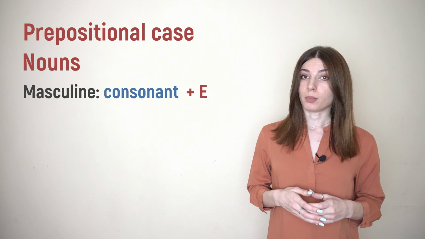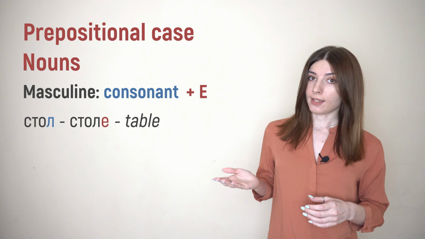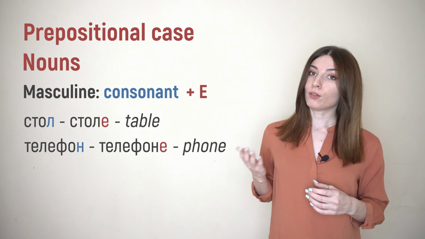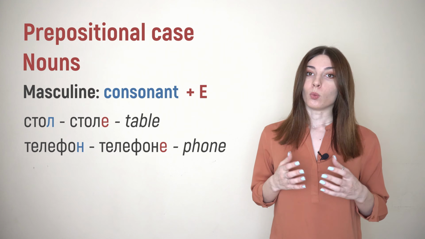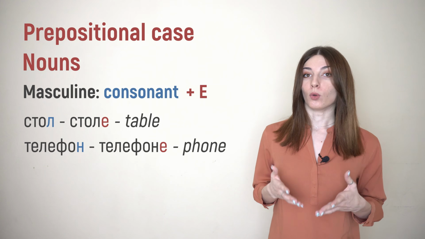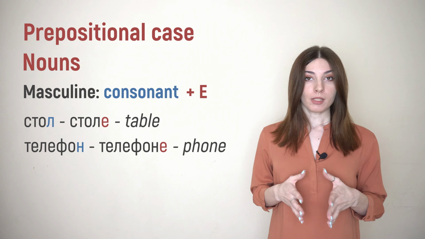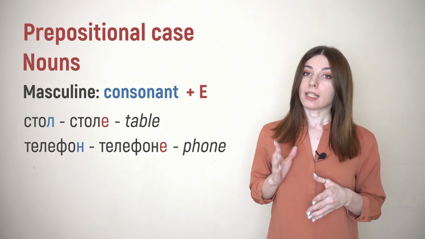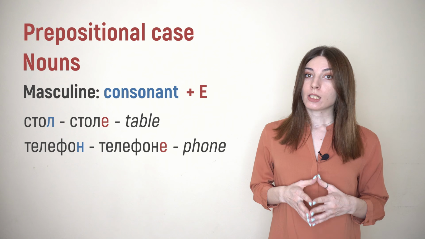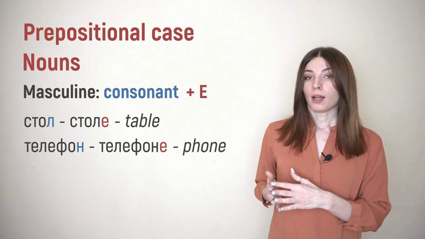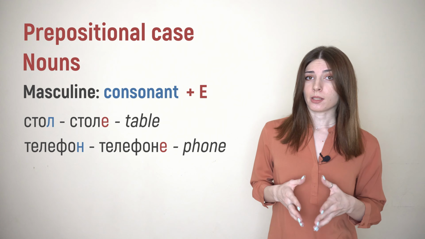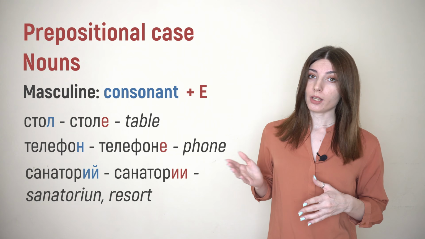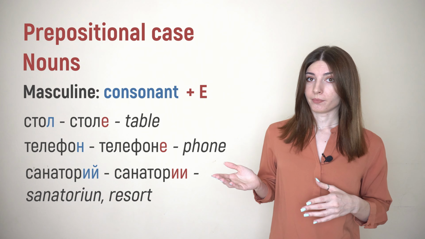Like this: стол – столе, телефон – телефоне. As you can see, we just add one more letter. Sometimes, if a masculine word ends in «й», we will replace it with double «и», but the sound will be very similar, like санаторий – санатории.